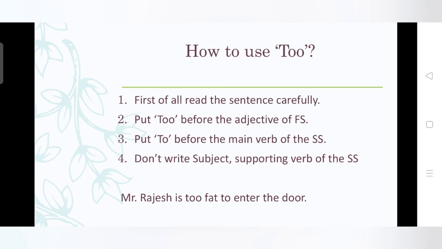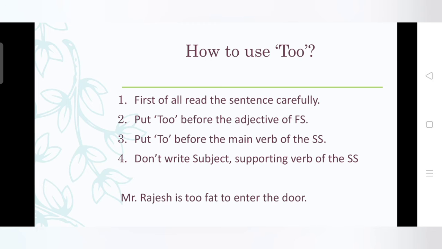In the second sentence, he is the subject and cannot is the supporting verb. So remove he, remove cannot, and after cannot the word is enter. Enter is an infinitive, a main verb. So put to before the infinitive enter. This is how you can convert the sentence using to.